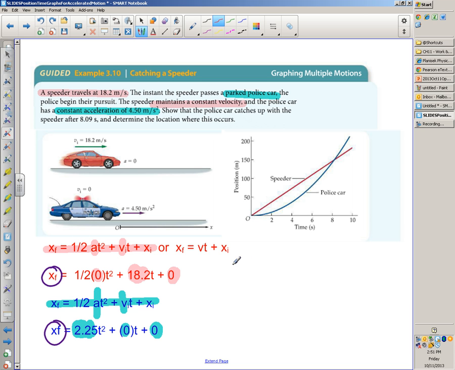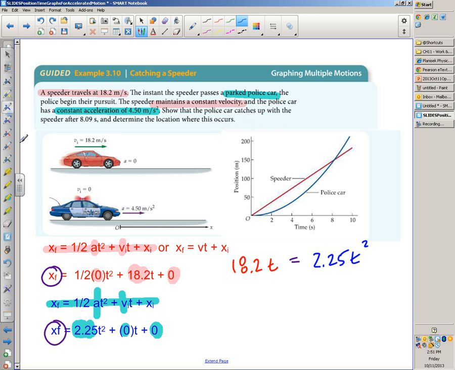Make them equal to one another. 18.2t equals 2.25t squared. And now guess what? How many unknowns do we have in that equation? Just one, right? Just t.